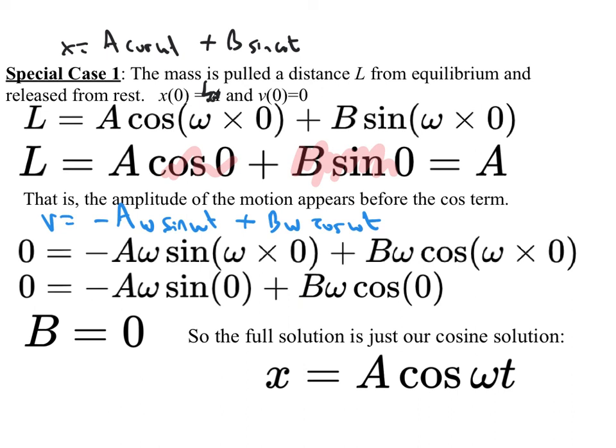And we want that to be 0 at time equals 0. So now we'll have minus a omega sine 0, and this term will go away. And then we have that this, of course, is b omega cos of 0, which is 1, which means 0 equals b omega, but omega can't be 0, so b must be 0. So the full solution is exactly what we would expect. We pull it some distance and let it go, and it's just that distance times cosine omega t.